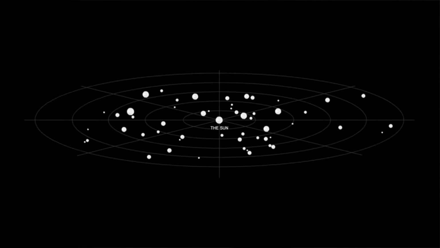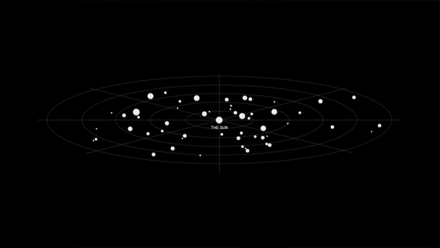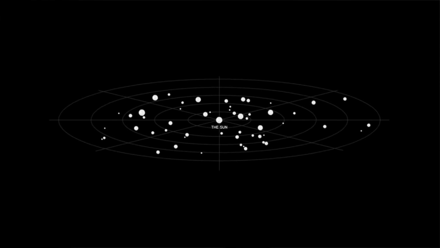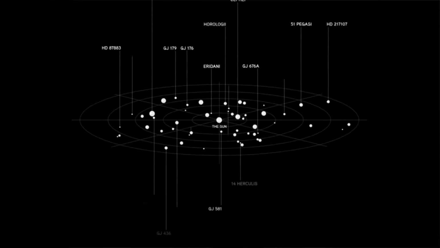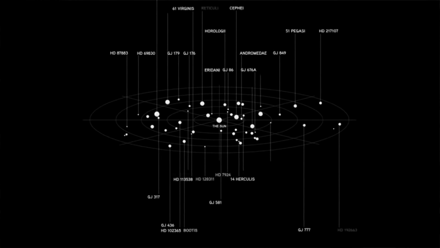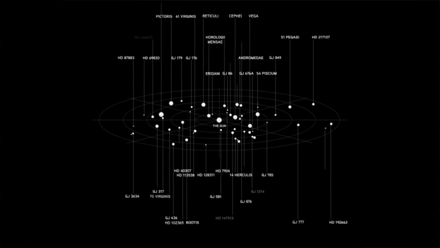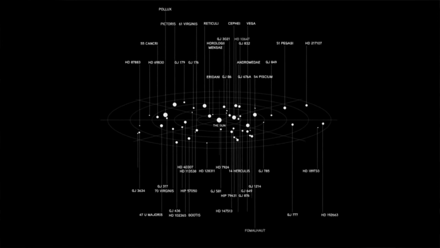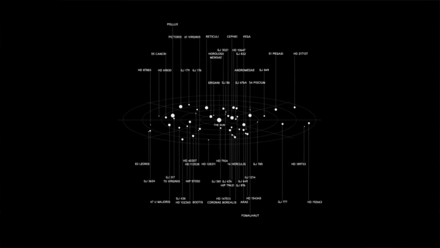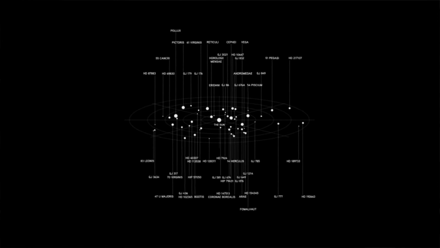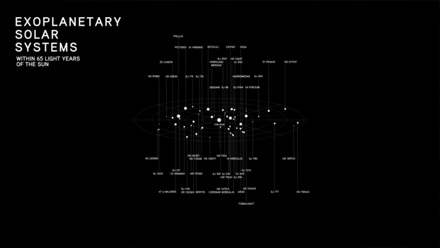But we now know that solar systems are actually very, very common indeed. And strangely, what that does is it rather increases the chances that out there somewhere there is life of some form. So exciting is the science, by the way, that I even have an app on my phone that tells me all about the most recent discoveries of so-called exoplanets, which is what planets around other stars are called.